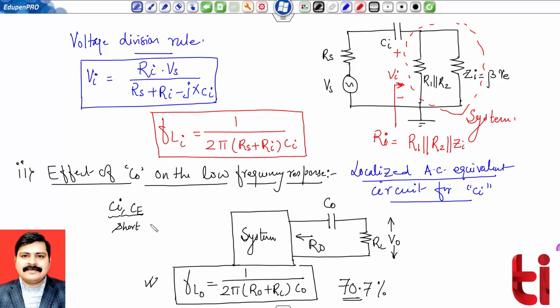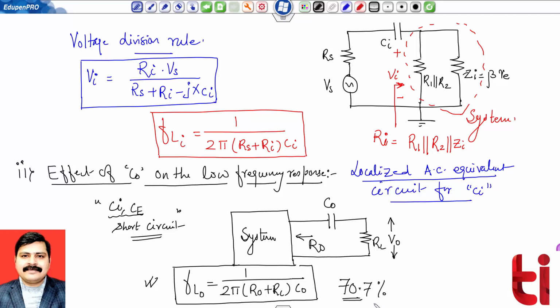If these two behave like short circuits, the only participating capacitance is my output coupling capacitance C naught, then I will have the output voltage at this lower frequency at 70.7% of its maximum value.